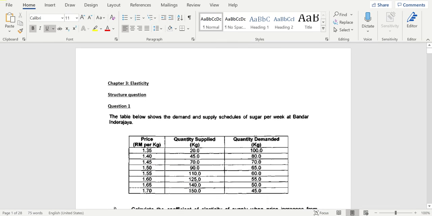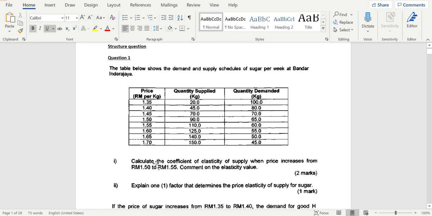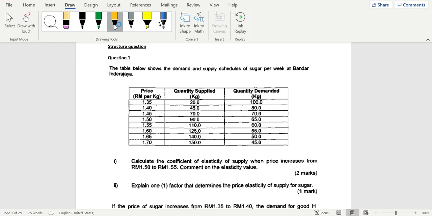Okay, so here is the question. Calculate the coefficient of elasticity of supply when the price increases from 150 to 155. So what you should do, guys, look here: coefficient of elasticity of supply. Meaning they ask you to calculate ES. So you need to know the formula for ES: Q2 minus Q1 over Q1.